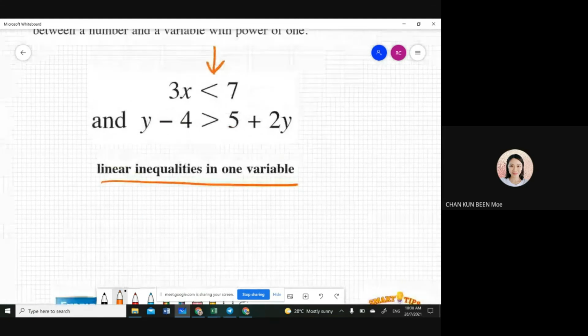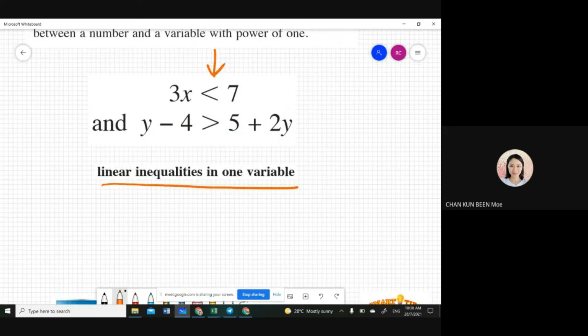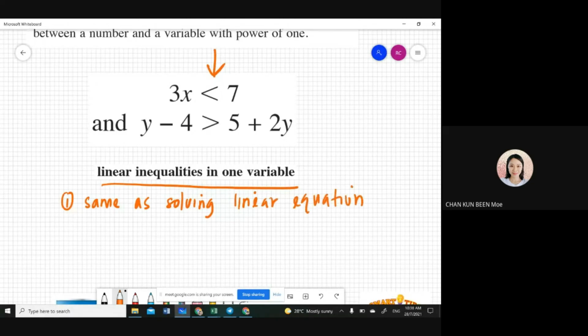Before we solve it, there are a few things you have to bear in mind to solve linear inequality. First, it is the same as solving a linear equation: that is to get the value of the unknown.